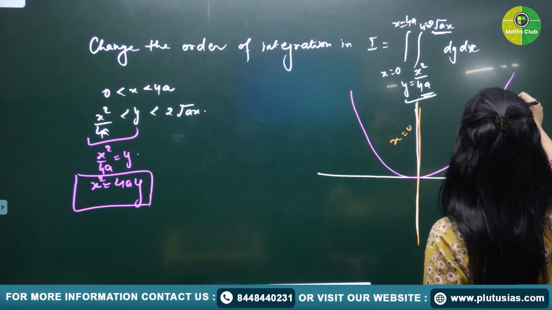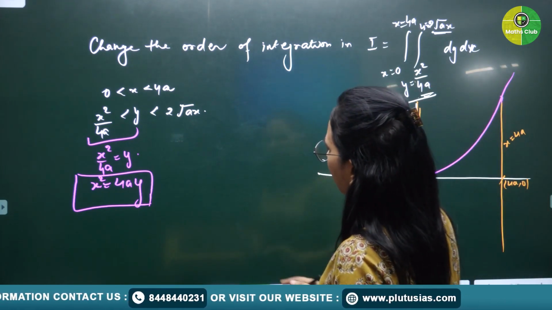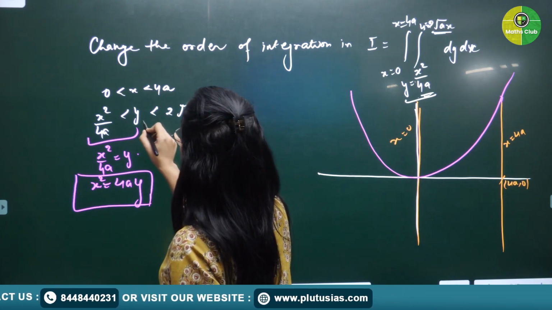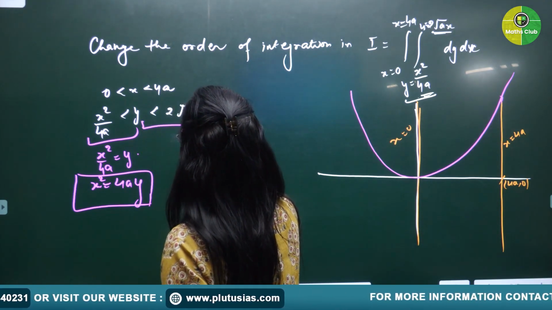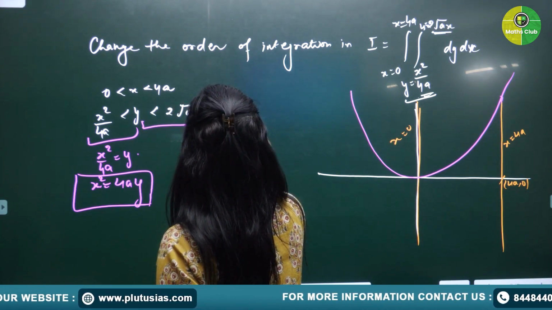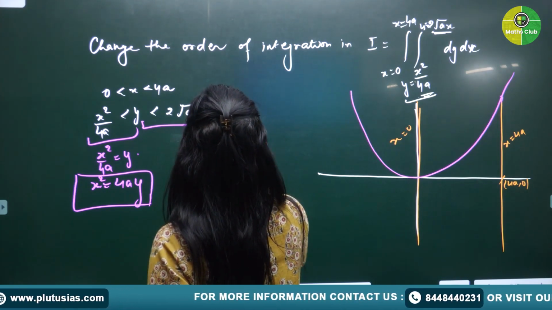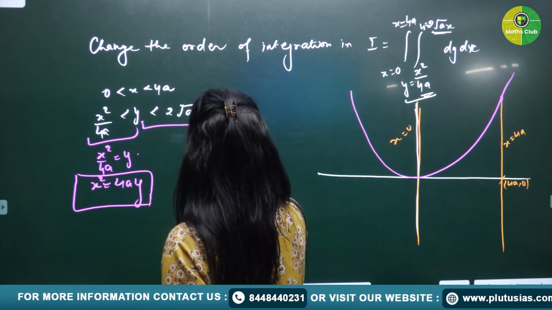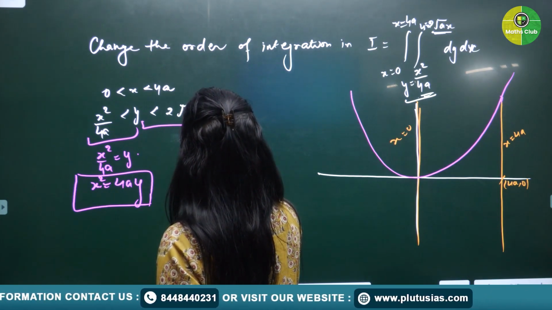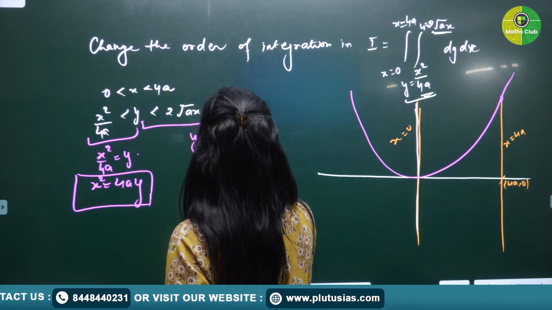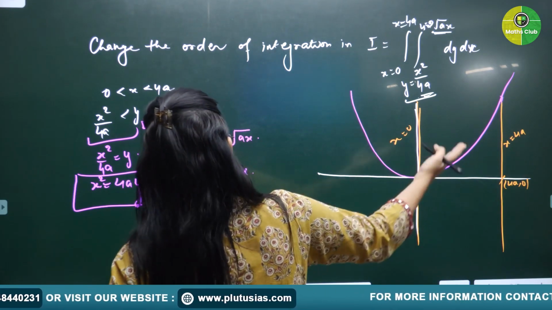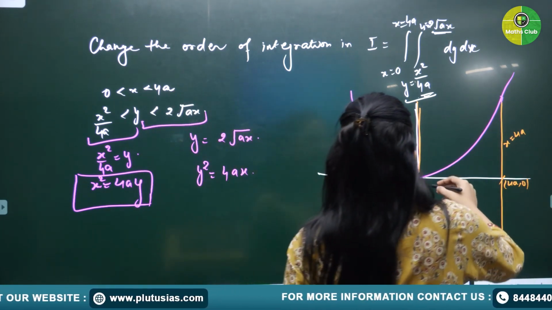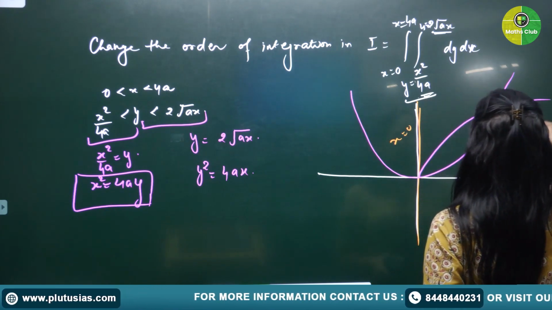This is the parabola, and again this is the second equation, which says that y is equal to 2 root ax, right? And how would you find out this? Square both sides, that would be y square is equal to 4ax, and now this is a horizontal parabola, and it would be like this.